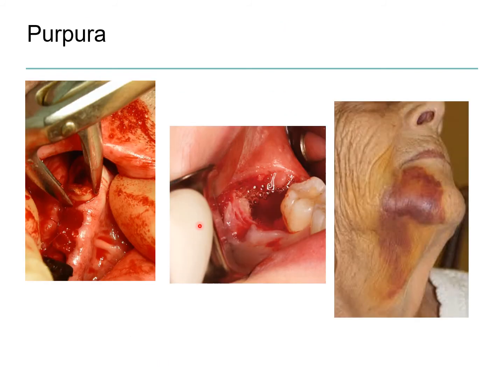So these slides show how purpura manifests clinically. You can see the image of an elderly woman, and they have developed skin purpura following a tooth extraction, because in elderly people there could be relative deficiency of platelets, plus their skin is quite loose, so purpura manifests quite remarkably.